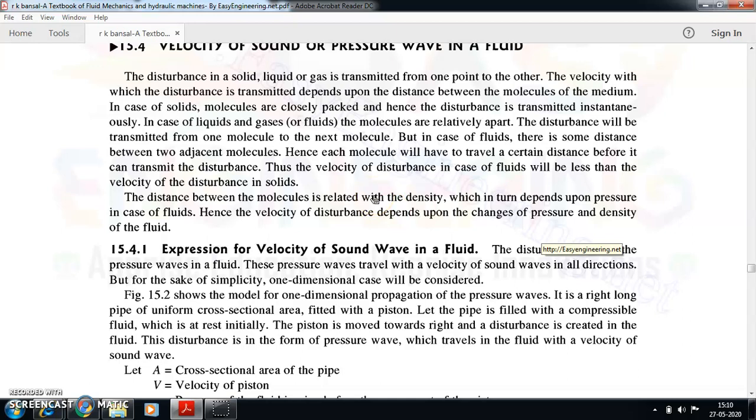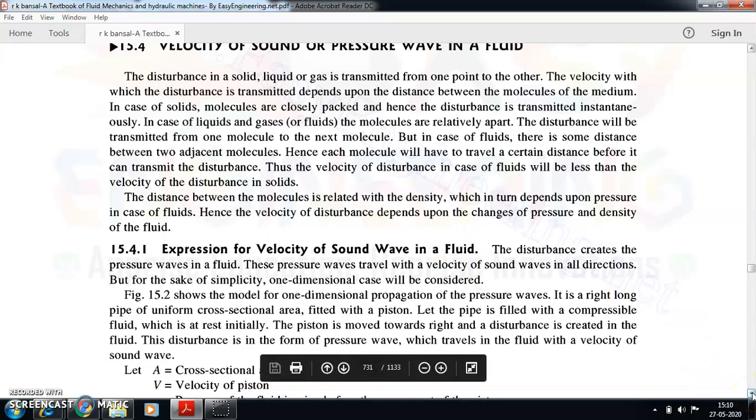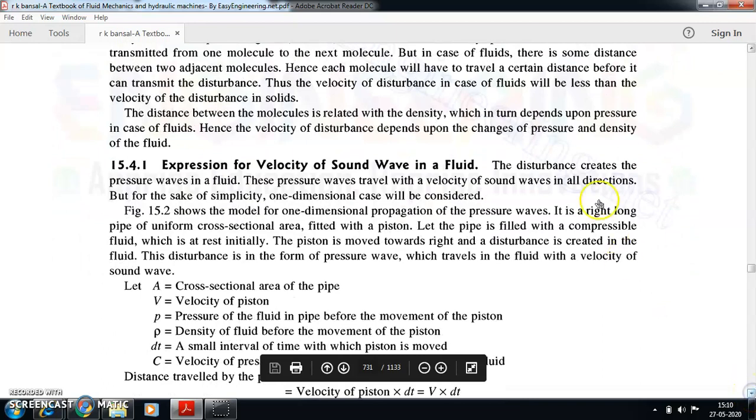So when we are talking about a fluid, the first important criterion is the distance between two molecules, which directly relates to the density. The next important criterion is the pressure. So definitely the velocity with which the disturbance travels inside the fluid depends on these two important things, that is pressure and density of the fluid.